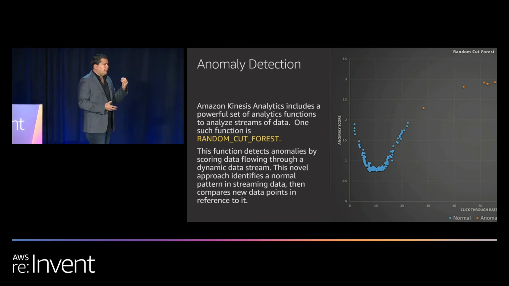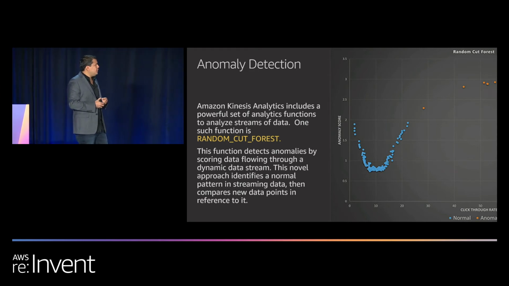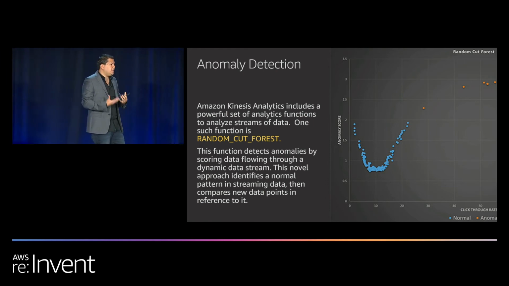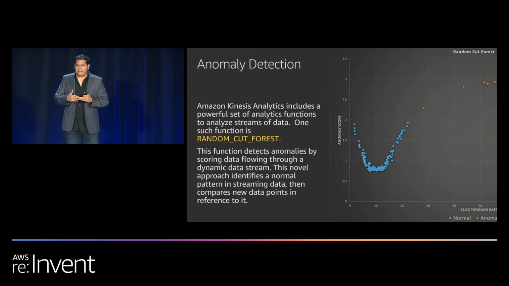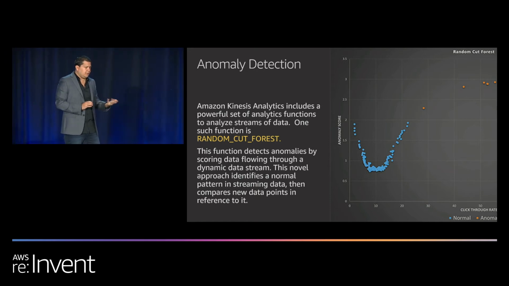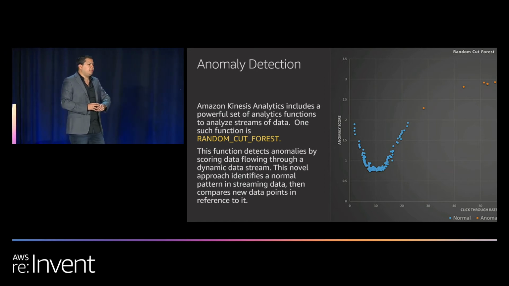So we want to understand, and if we were to write an application with if-then logic, it would be really complicated. It's not maintainable, it's not extensible. So these limits cannot be fixed, and we need to understand data in a different way. There's a white paper on random cut forest.